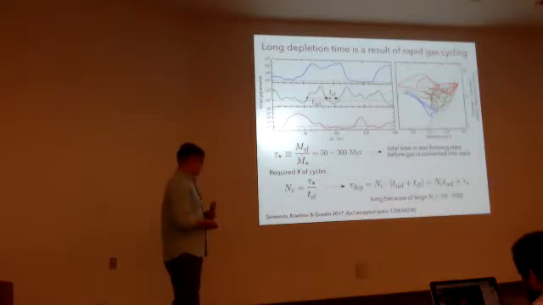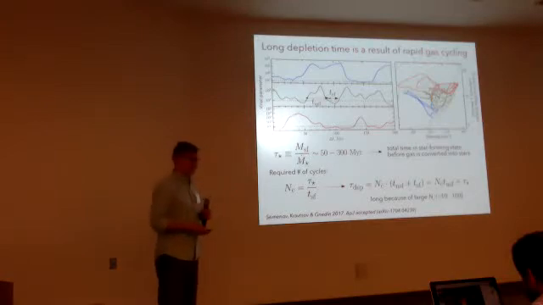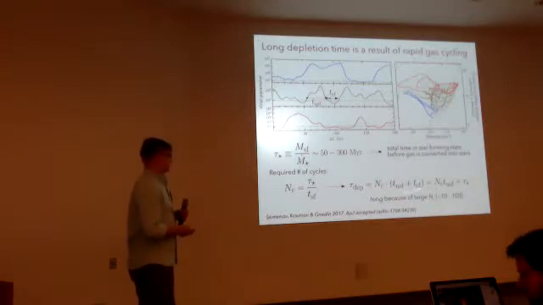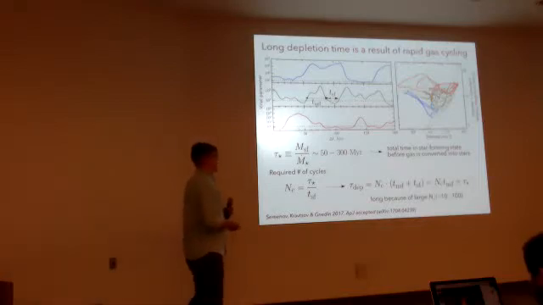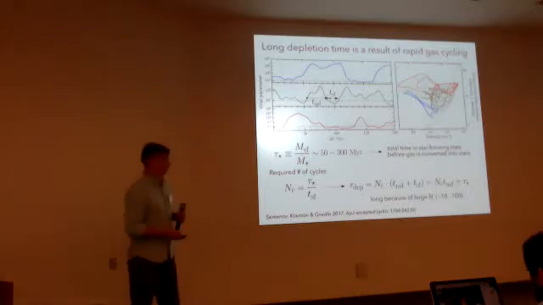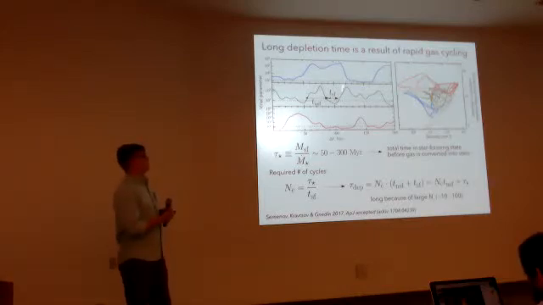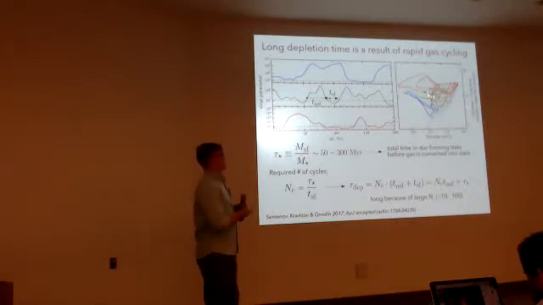So now we can trivially express the global depletion time as a number of cycles multiplied by the average duration of each individual cycle. And this expression shows that the depletion time is long because a large number of cycles is required. So for typical durations of star-forming stages, we find that on average, gas parcels go back and forth on the order of tens and hundreds of times.